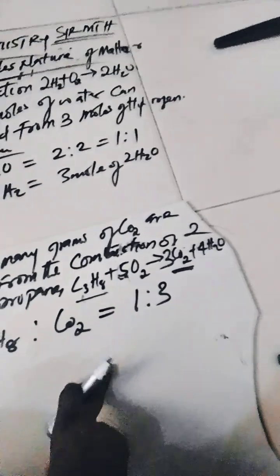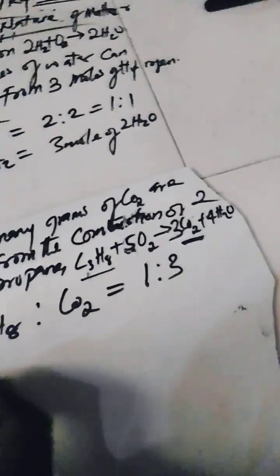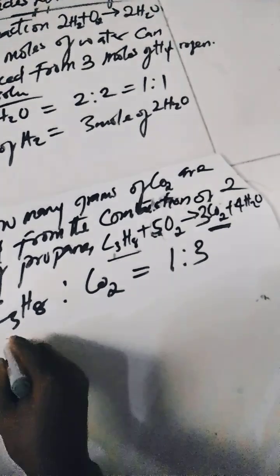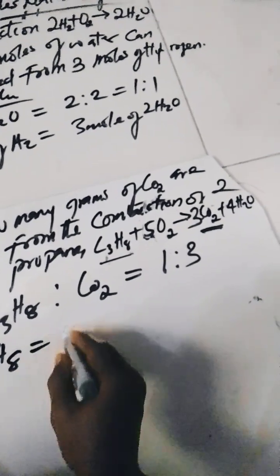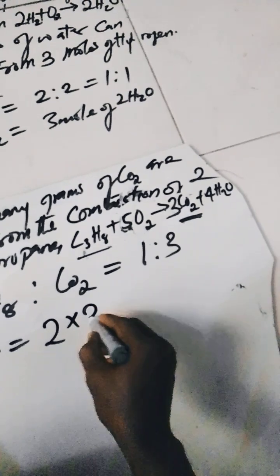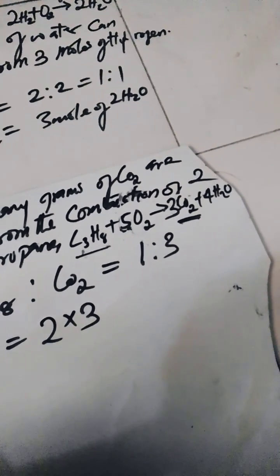So if you want to know how many moles will be here, that simply means that for the 2 moles given to us, we have C3H8 equal to 2 multiplying 3. How do we do that?